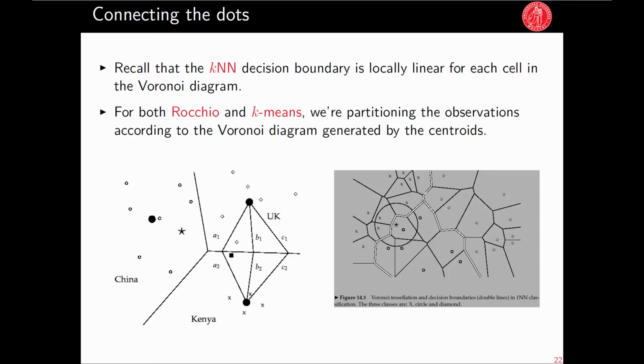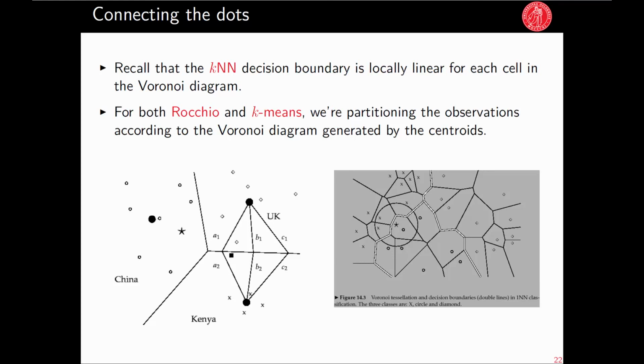And the diagram on the left here corresponds to what we looked at last time when we talked about the decision boundaries defined for the nearest centroid classifier. And here we talked about something very similar. Here we have 3 centroids defined, and the decision boundary is defined in terms of the points that are equally close to 2 different centroids. The 3 points drawn on the line separating the UK and the Kenya class are all points that are equally far away from the UK centroid and the Kenya centroid.